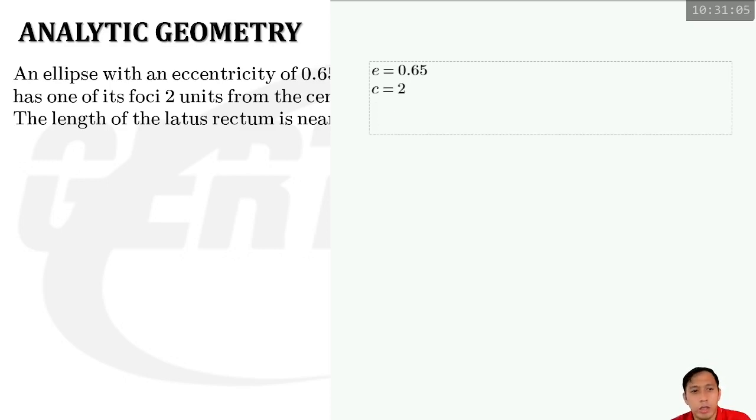So, for us to get the latus rectum, take note, in parabola, latus rectum is 4P. Now, dito, iba yung formula. It's 2b squared over a. Yan yung length of the latus rectum, formula for ellipse. Actually, also for hyperbola.